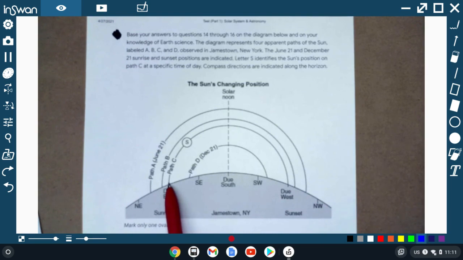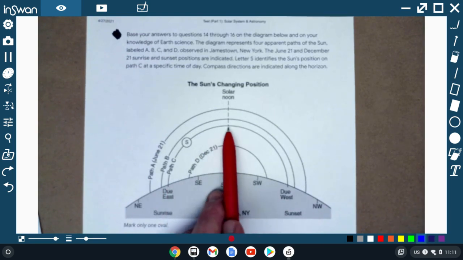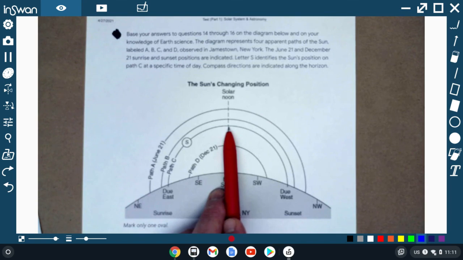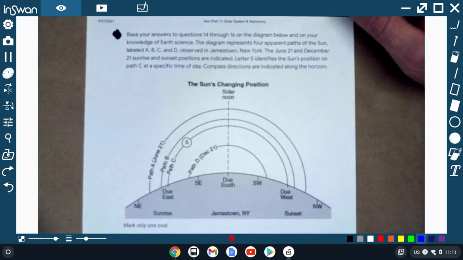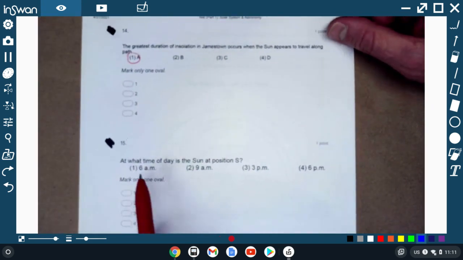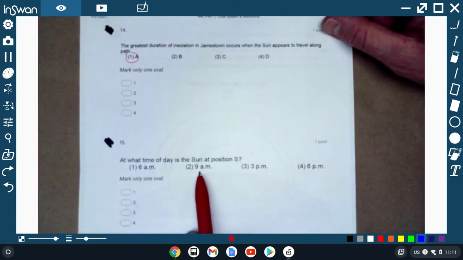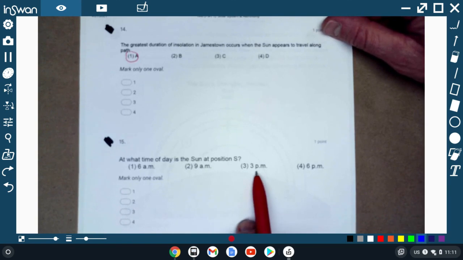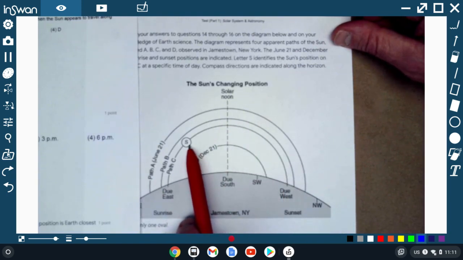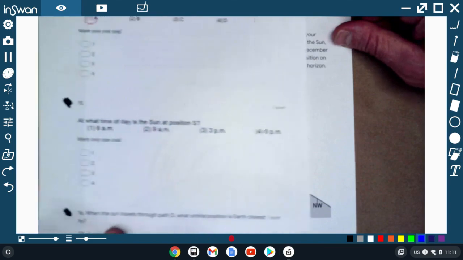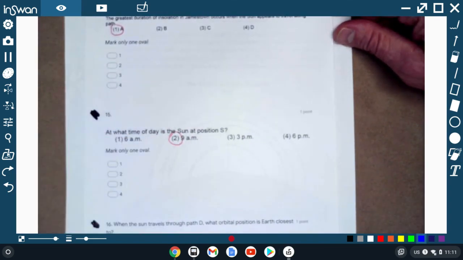So this might be around 6 a.m., and this might be around 12 o'clock. So somewhere between 6 a.m. and 12 noon. And so if you look at our options, 6 a.m., well, that's too early. 9 a.m. seems optional. 3 p.m. and 6 p.m. Well, 3 p.m. and 6 p.m. would be on this side of the arcs. 6 p.m. would be down here. It looks like 9 a.m. would be our best option, so number 2.